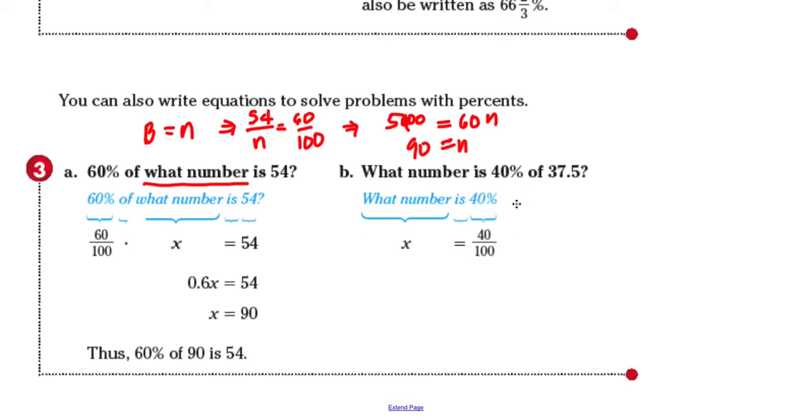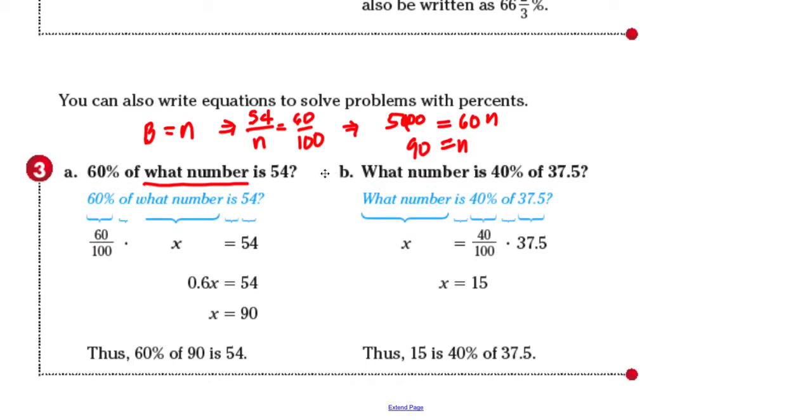And then of, as we talked about, is always multiplication. And 37.5, we simply bring it down. So we simplify that to become x equals 0.4 times 37.5, which is the same as x equals 15. Thus 15 is 40% of 37.5.